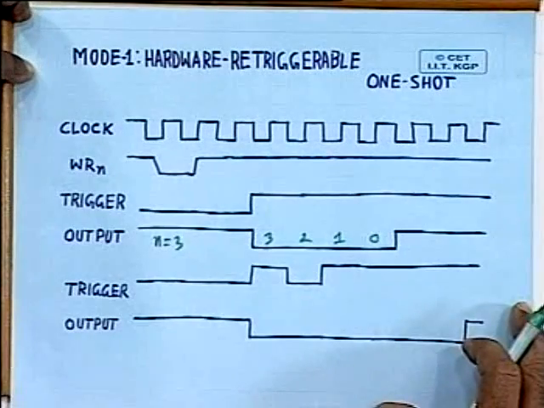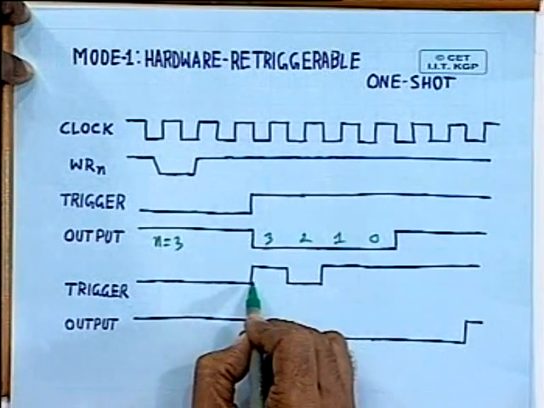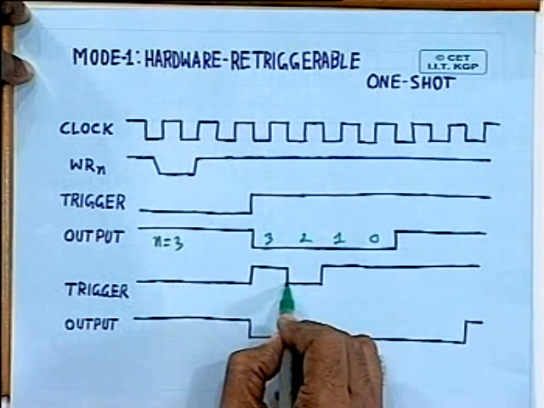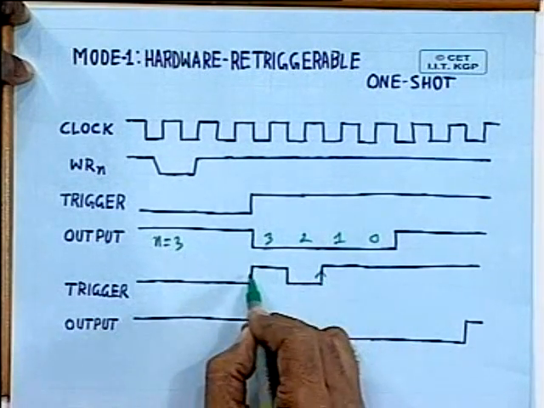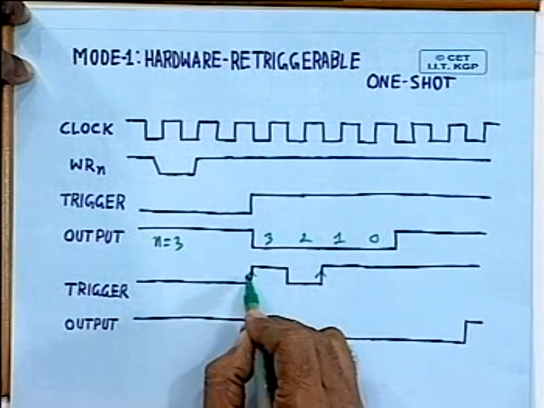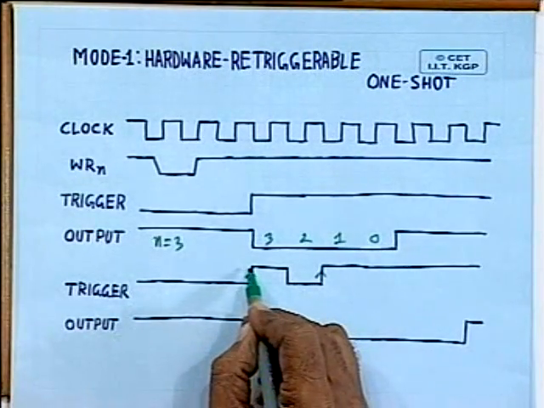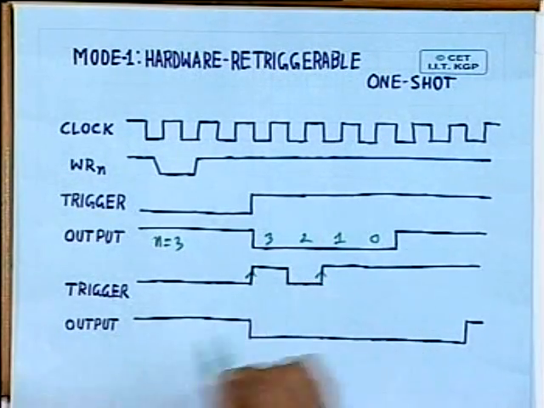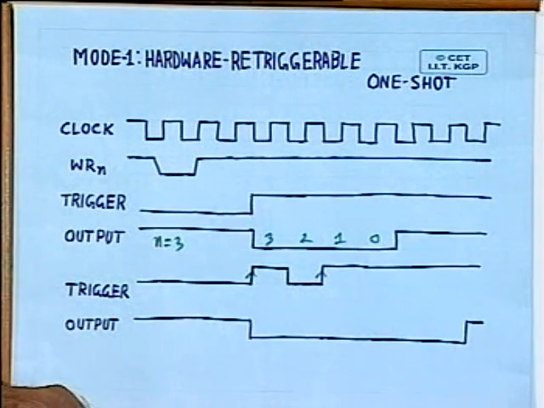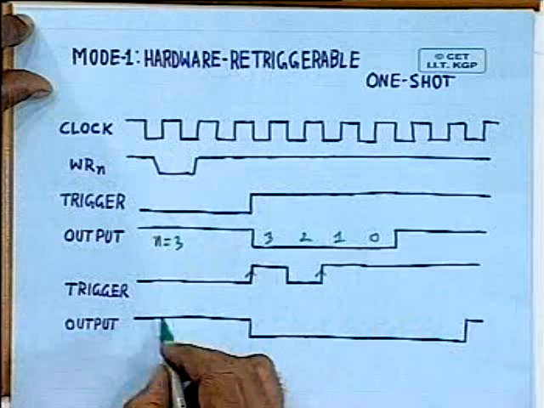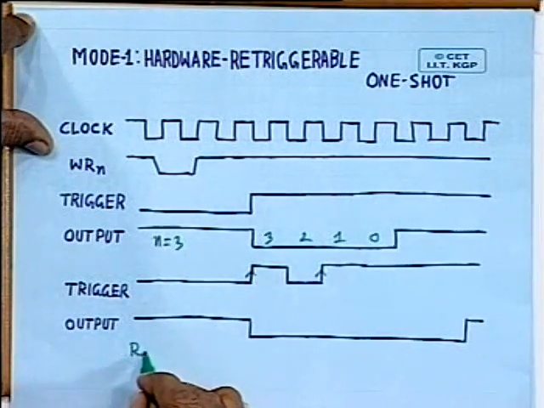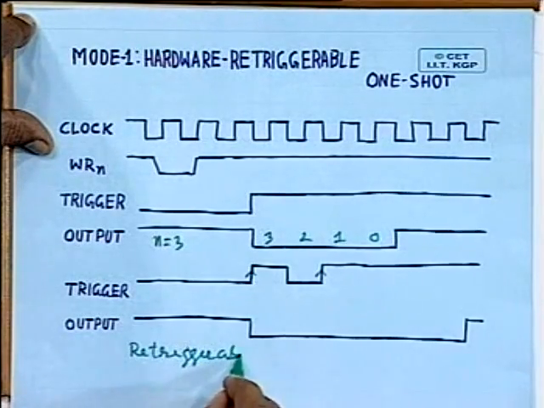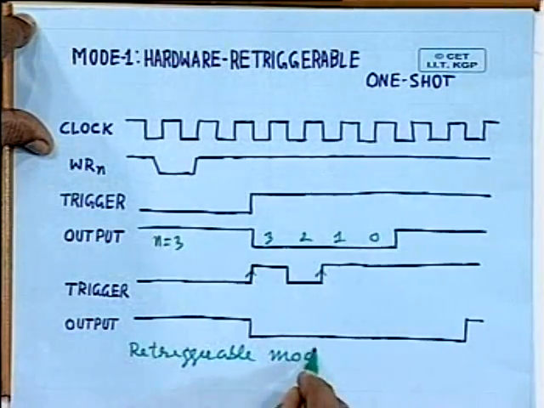Now suppose after this first trigger was generated, it goes down and again another trigger comes. It is being triggered at this low to high edge. So if another edge comes after that, what will happen? Actually, it works as a retriggerable mode. What is retriggerable mode?